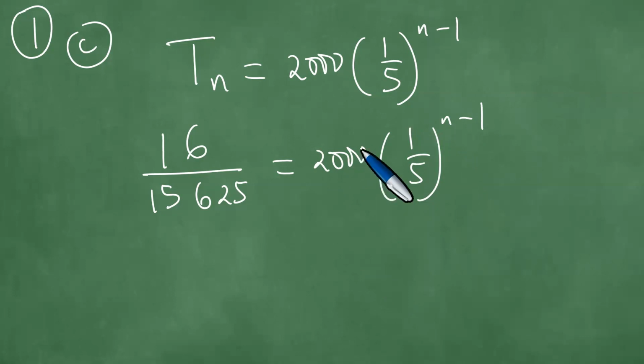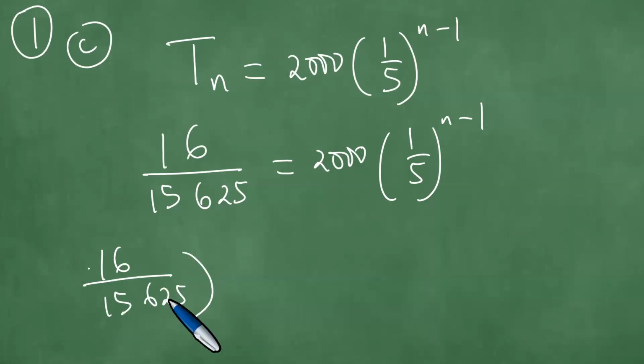All right, having this in mind, what do we do here? We want to solve for n. So how do we proceed? We divide both left and right by 2000, so that you have here 16 out of 15,625.